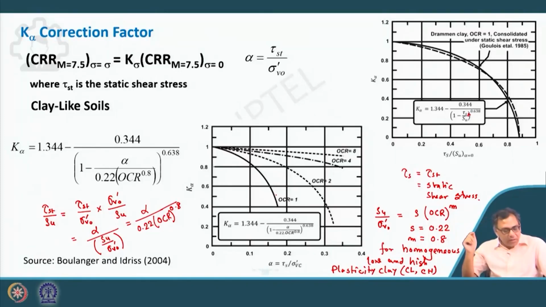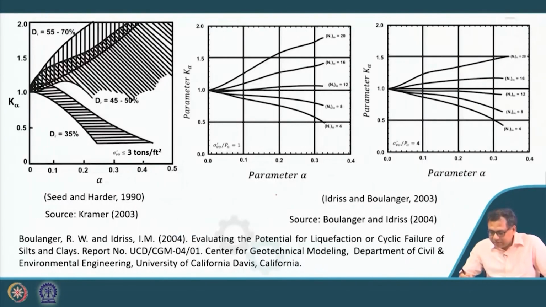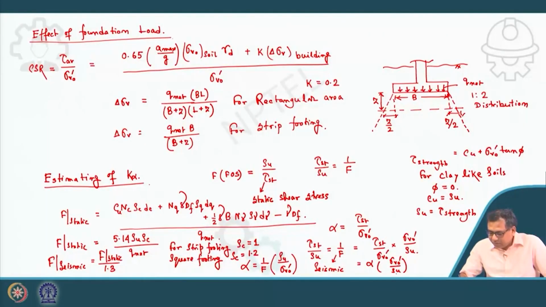Clear? So these are the different methods. The expression that I have given to calculate the alpha is for OCR equal to 1, that is, for normally consolidated clay.